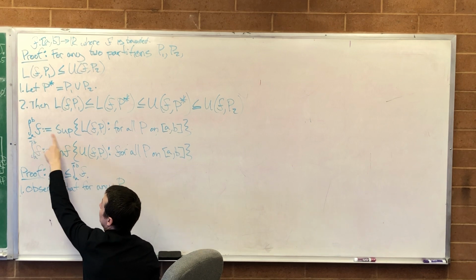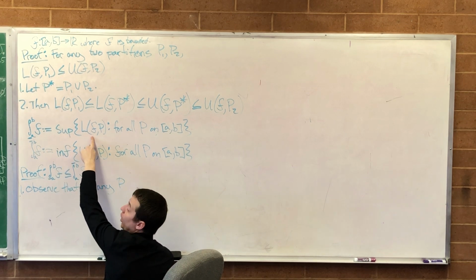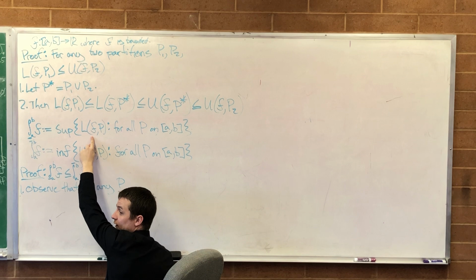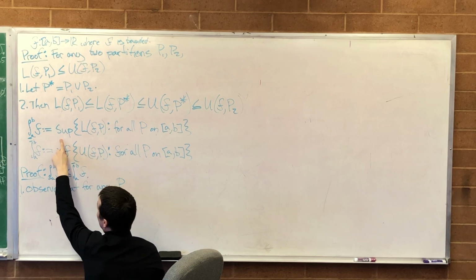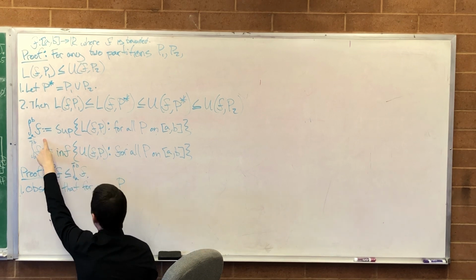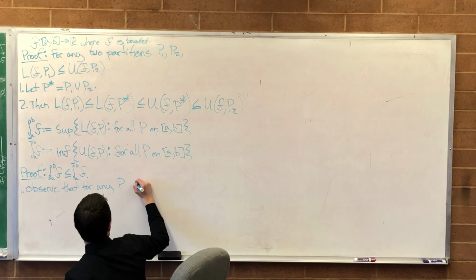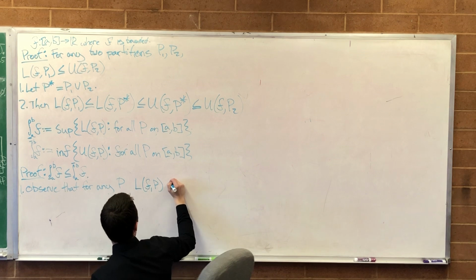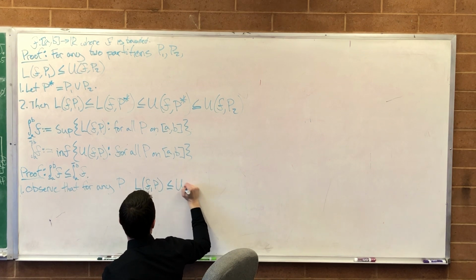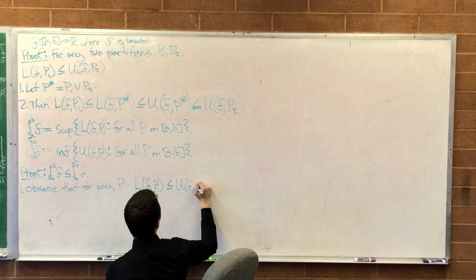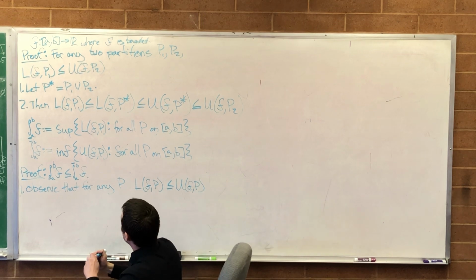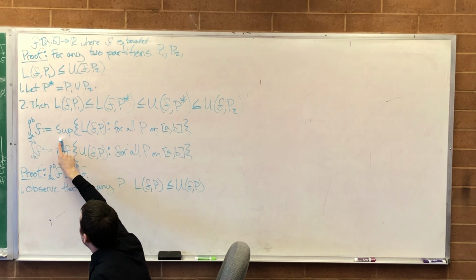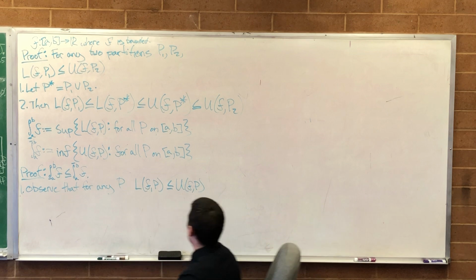What is this? This is the supremum of all lower Darboux sums, the least upper bound of all lower Darboux sums. So observe that for any P, first off, our lower Darboux sum is going to be less than or equal to our upper Darboux sum. Now, by definition, the supremum is the least upper bound of all lower Darboux sums.